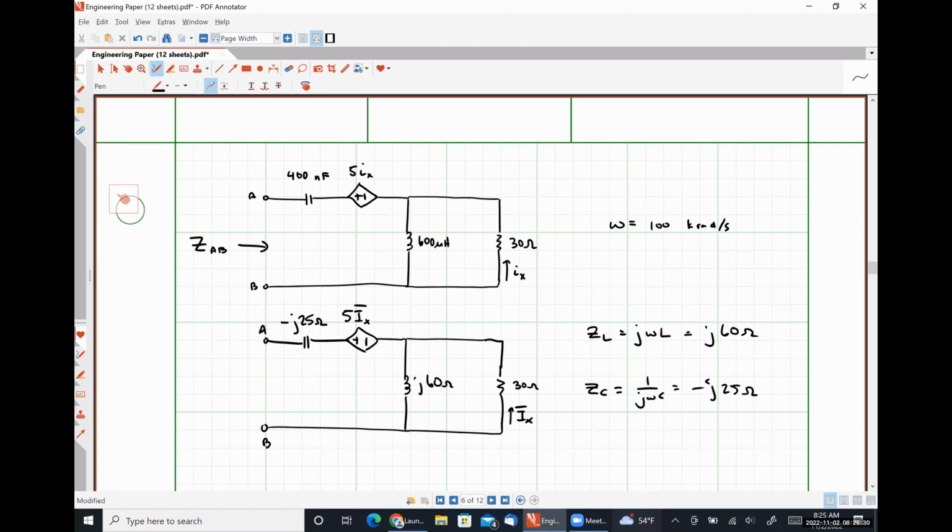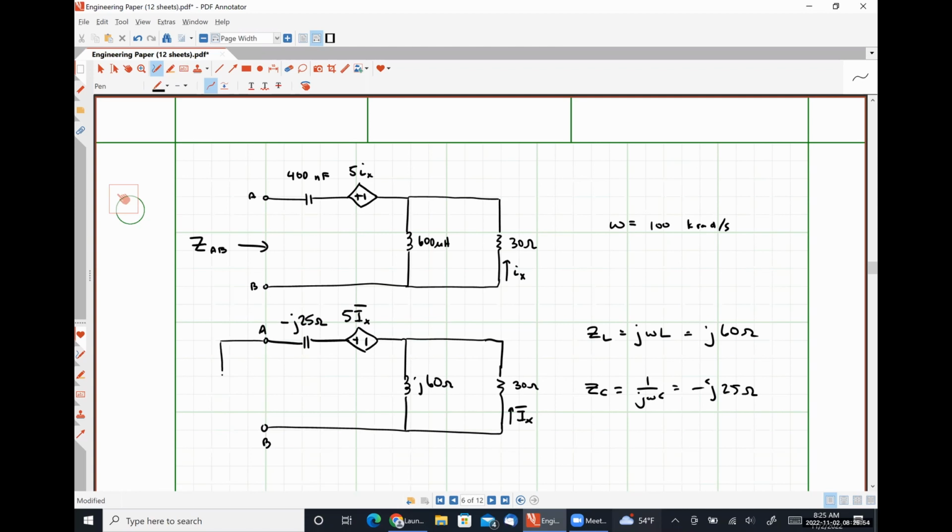So if I were working this problem from the perspective of having access to a computer algebra tool, I would probably choose to use mesh analysis here.